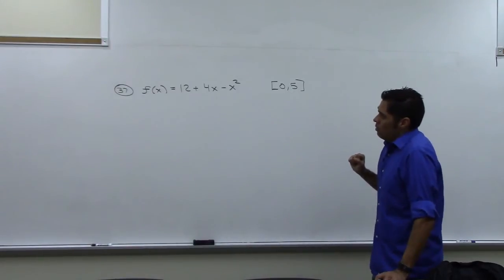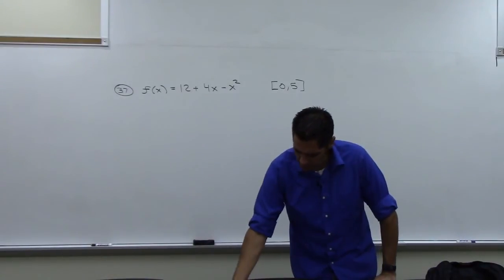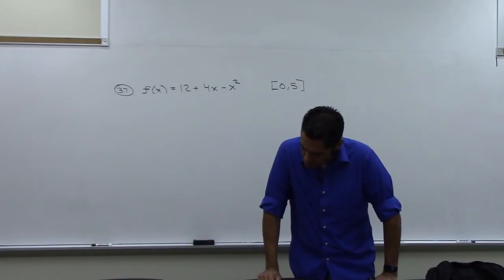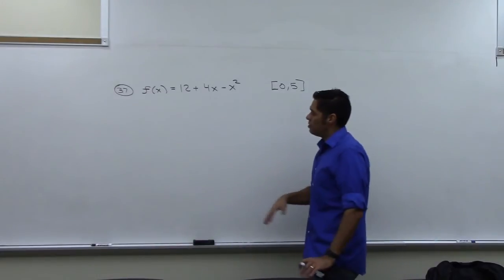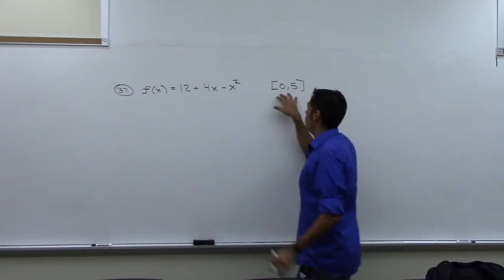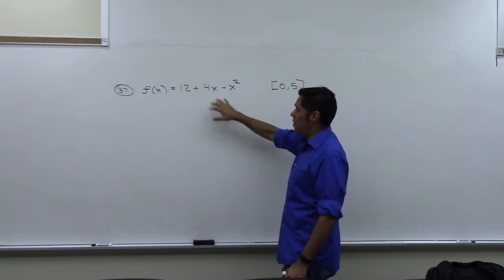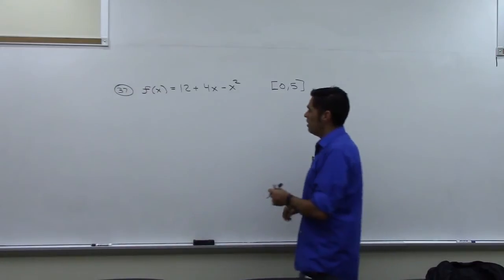So there's a technique for this. It's called the closed interval method, and we did that in class, but it's also stated on page 207. So in order to use this method, we have to have a continuous function on a closed interval, which this is a continuous function because it's a polynomial. This is a closed interval, so the method should work.